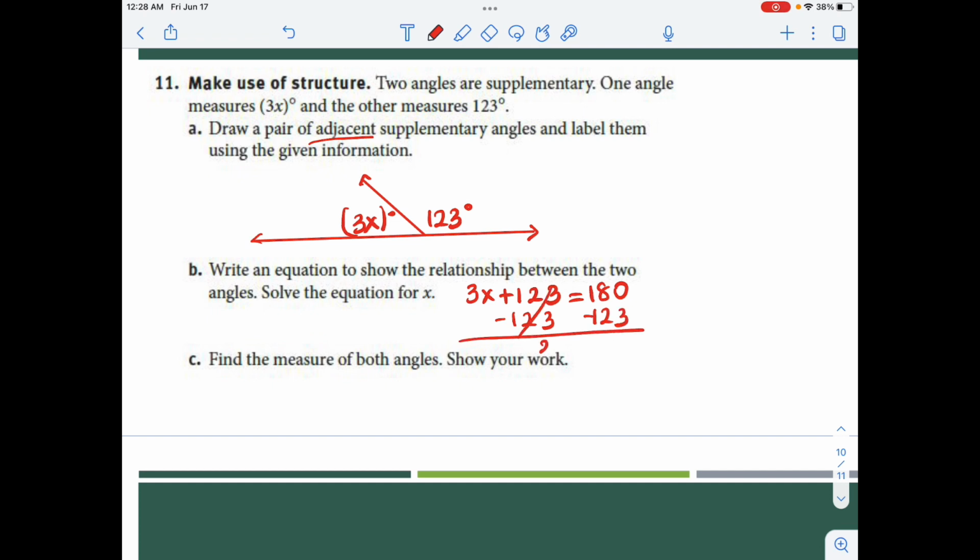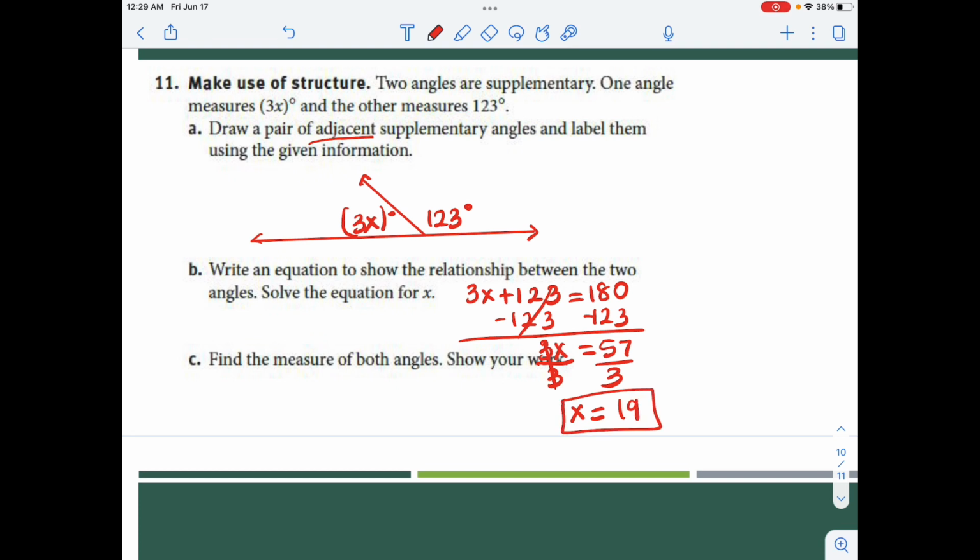And from here, 3x will be, let's see, 180 minus 123 will be 57. And then if you divide both sides by 3, x will be 19.